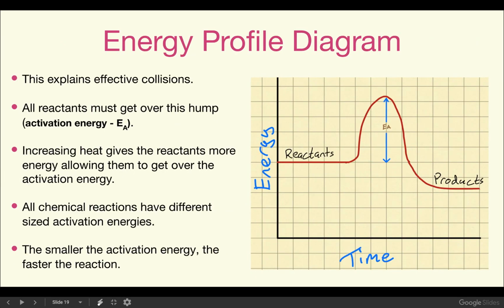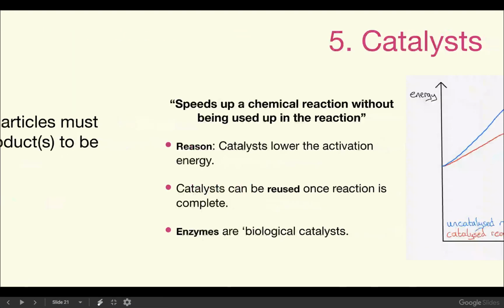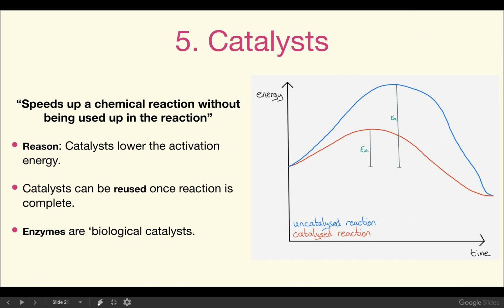Right. So we'll be looking at this energy profile. I'm not going to look at this in detail at all, but I just want to finish up here on number 5, which is catalysts. Certain chemical reactions will happen much more quickly based on the presence of what we call a catalyst. There is such a thing as a biological catalyst in science, and they are basically another word for enzymes.